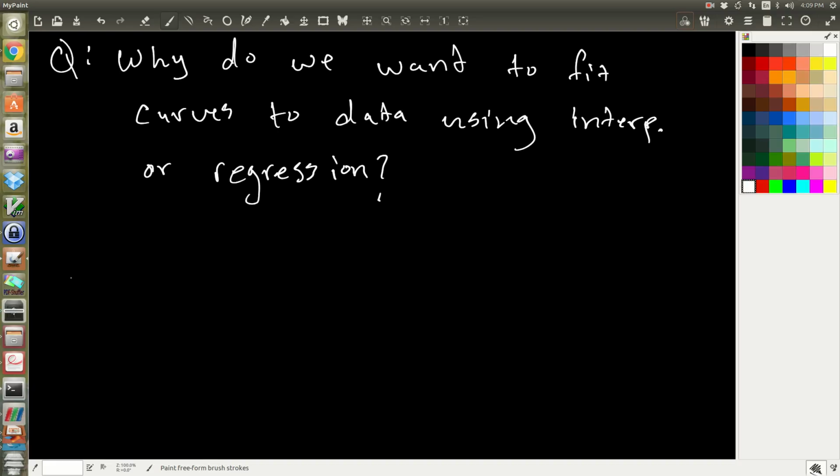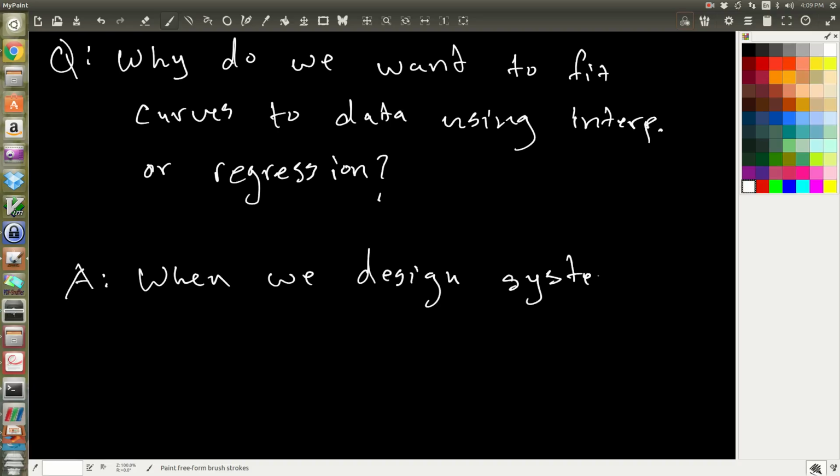So when we design systems, we have to look up properties.